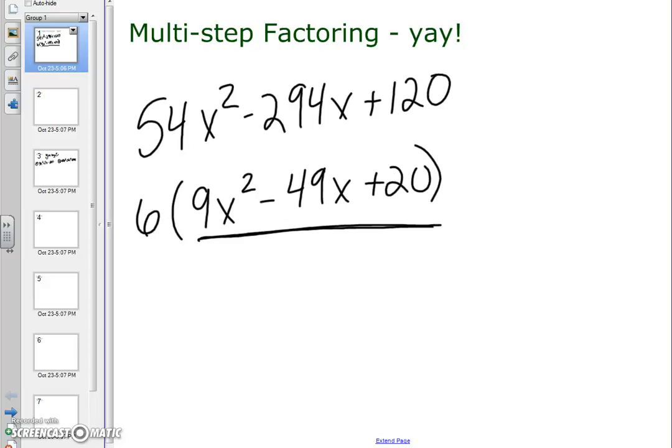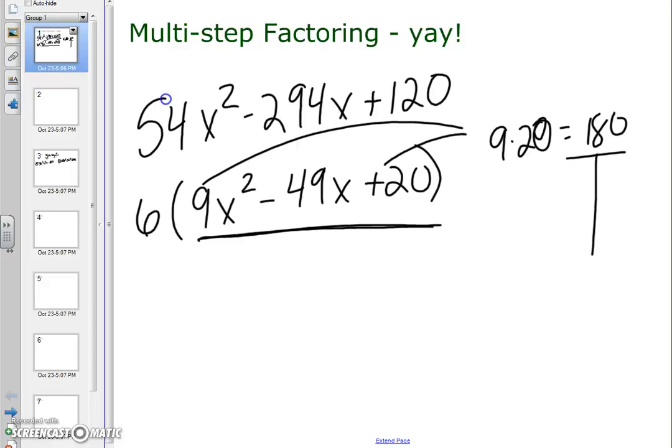And we just factor. A is not 1, so I hope that we would go straight into thinking this is the AC method. So let's multiply 9 times a positive 20. Gives us 180. Now 180 is a big number, but that's okay. We know how to do it. So just start factoring.